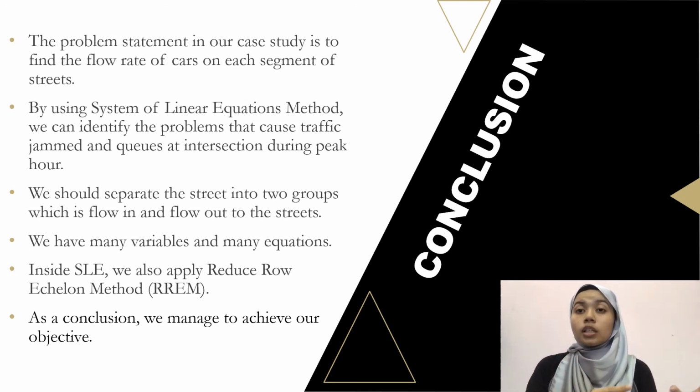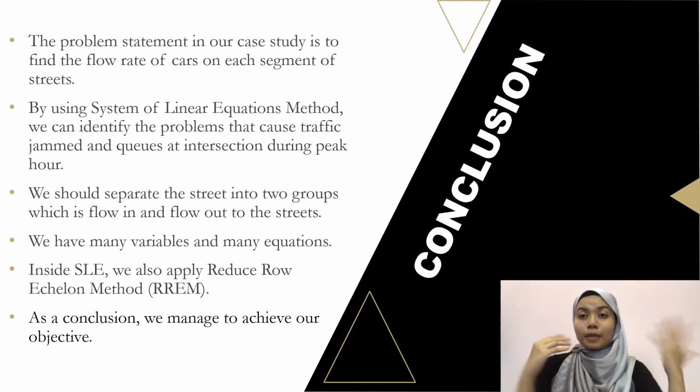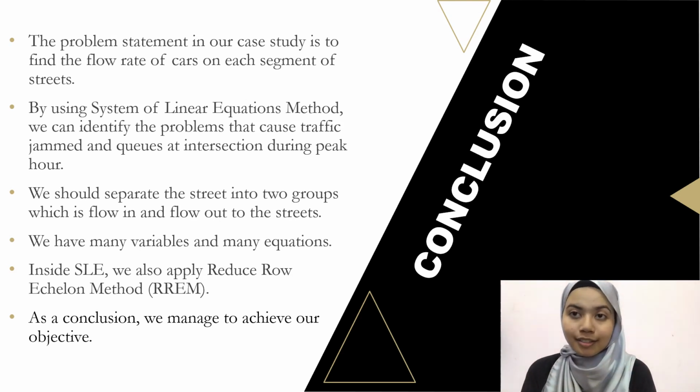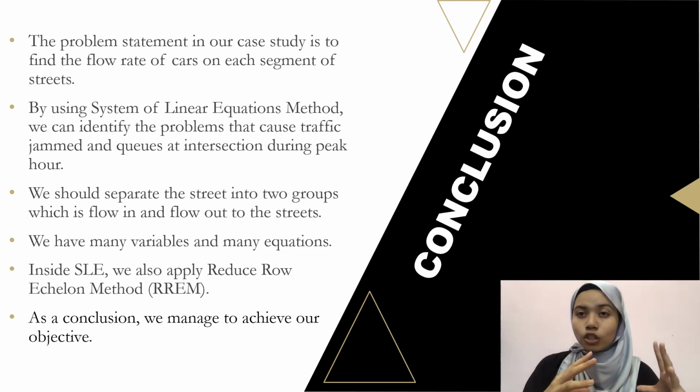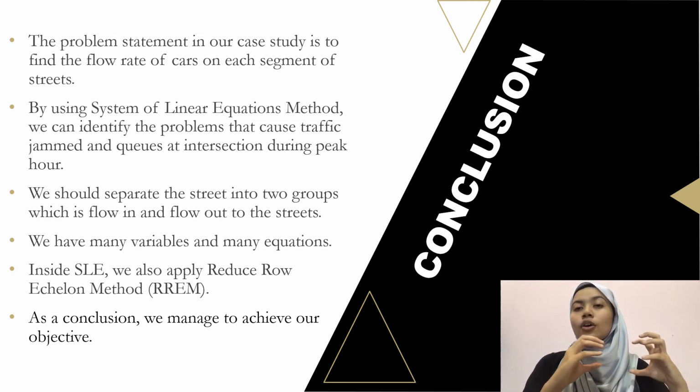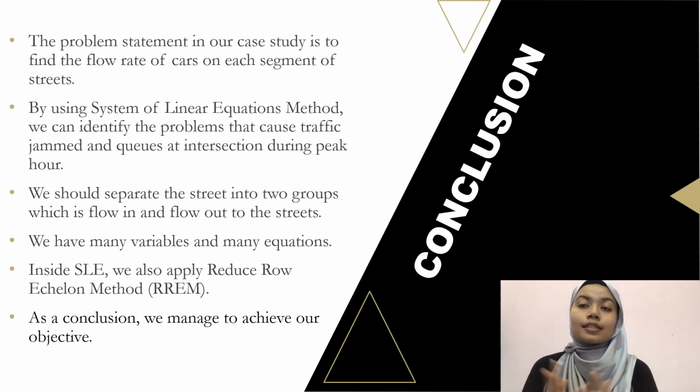When we separate it into two groups, we can solve it by using the solving linear equation method. The second reason we decided to use solving linear equations is that in our situation we have many variables and many equations. So solving linear equations is the best method that we can use to solve this situation.